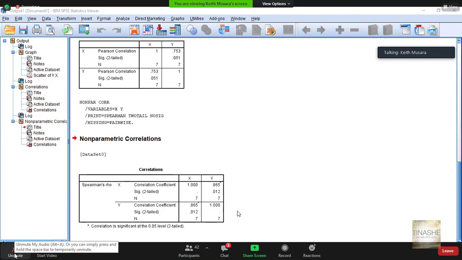Therefore, the Spearman's correlation coefficient is statistically significant. So if the null hypothesis is equal to 0, we are saying the Spearman's correlation coefficient is equal to 0, which means it's statistically insignificant. But when it's not equal to 0, then we're saying it's statistically significant.